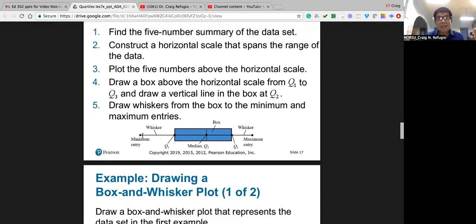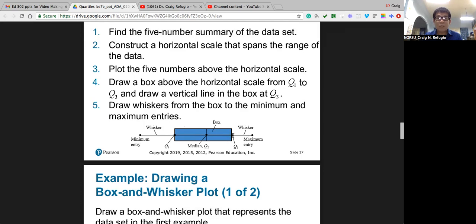It's this line from the minimum going to this point in the box. From this point of the box going to the maximum value, we also classify that as a whisker. And once you label Q1, Q2, and Q3, you form a rectangular box. This rectangular box, colored blue, is what we call the box. And we have the whiskers.